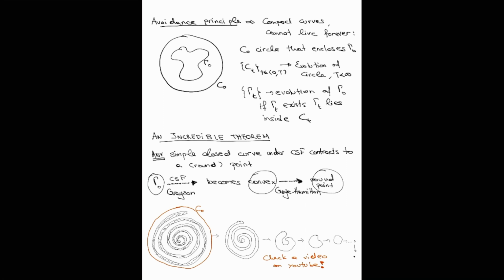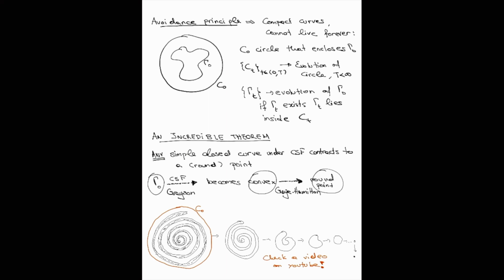Okay, so actually there is this nice video which now I know how to show you. So let me show you a couple of examples. These are some examples of what happens to curves under curve shortening flow.